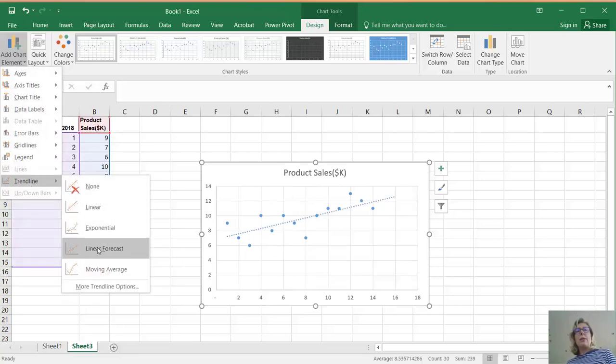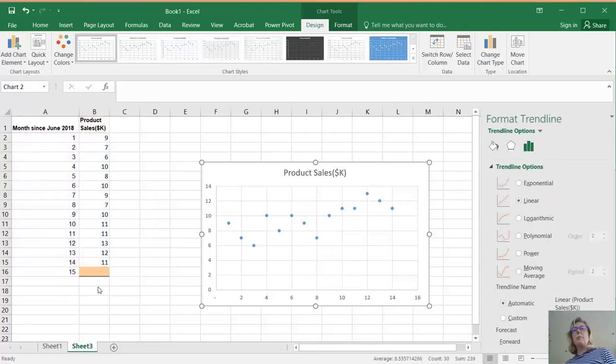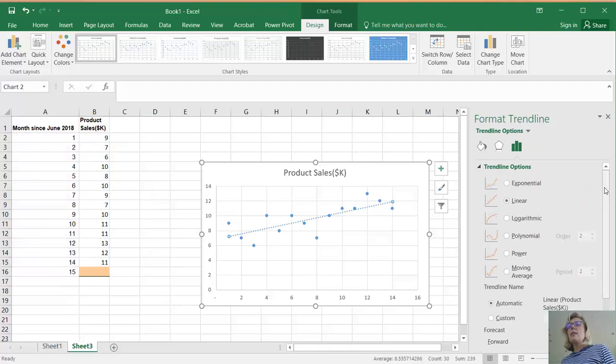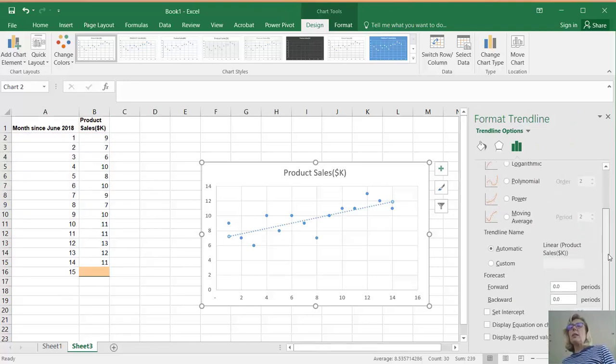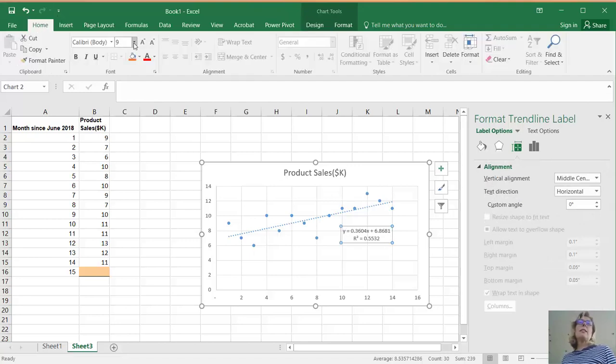And while we are going to work with linear forecasts, we're going to go to more trend line options, and we're going to allow ourselves to display both the equation and the r squared value on the chart. Now, it puts it down in the middle of our stuff that's going on, which is kind of annoying, but that's just Excel for you. And it makes it really small, so you have to go and adjust this.